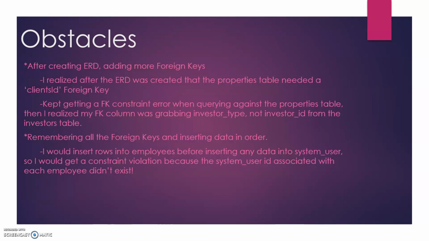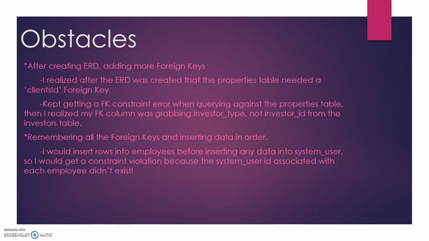I also kept getting a foreign key constraint error when querying against the properties table. But then I realized that was because my foreign key column was grabbing the investor type, not the investor ID. So when creating the database, I should have been more careful about which columns I was choosing for my foreign key. And the other problem I ran into, similar to remembering all the foreign keys that I did create, when inserting data, I needed to do a better job of inserting data in order.